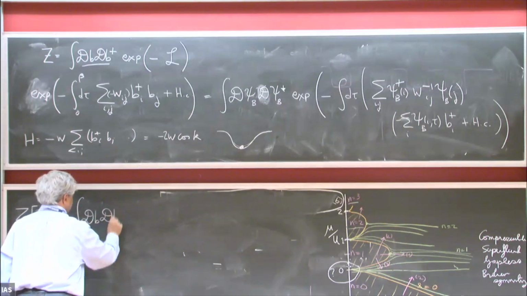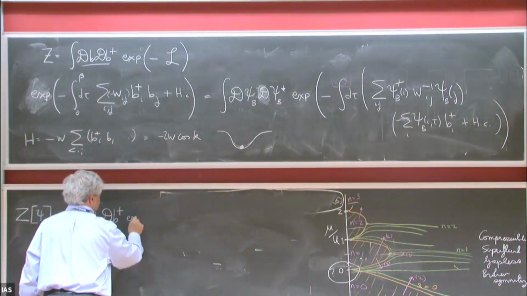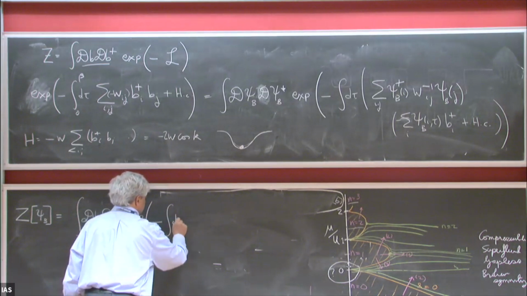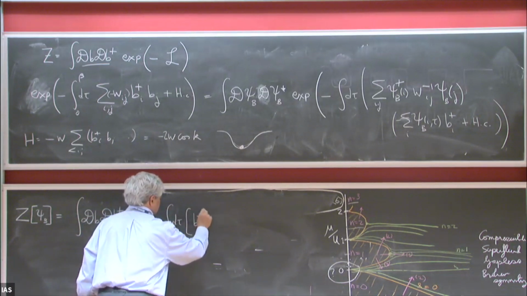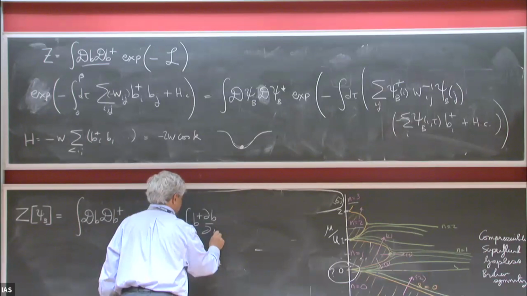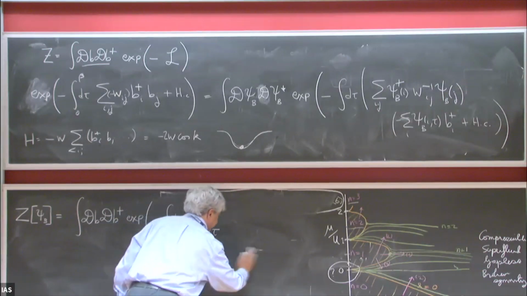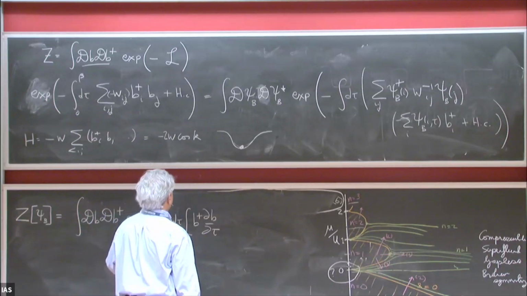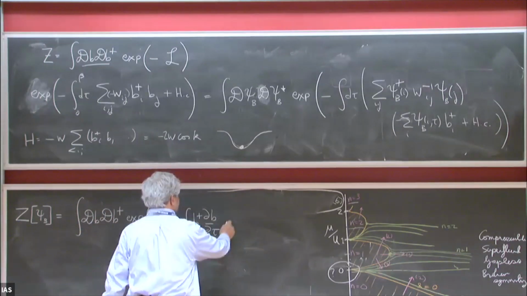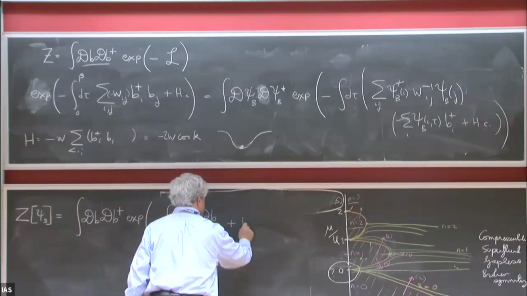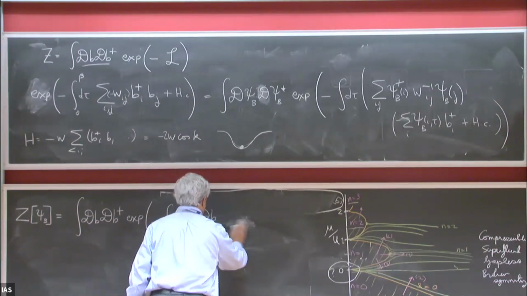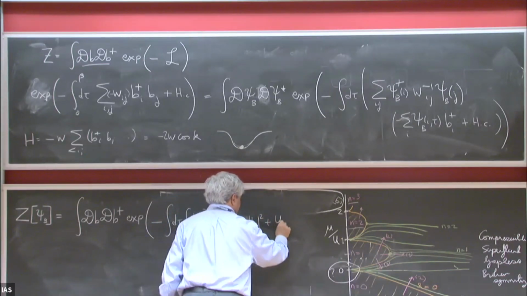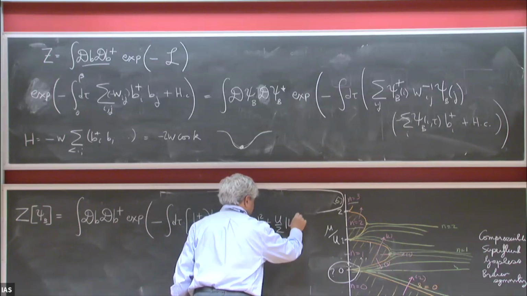It's the integral over b dagger b of the exponential of minus the integral d tau of b dagger d b d tau, and then I have the interaction term, minus u mod b squared plus u over 2 mod b to the 4th.